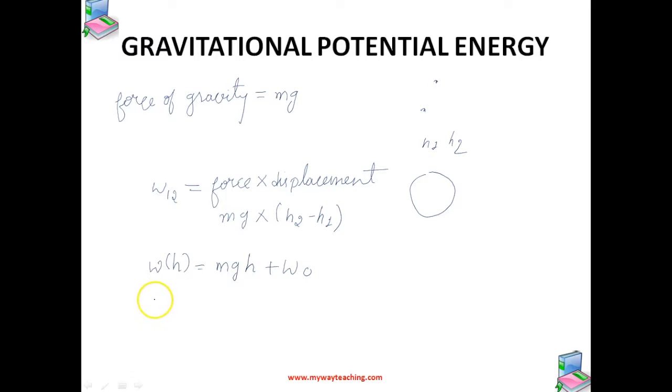So it is very much clear that W12 is equal to W of h2 minus W of h1. So the work done in moving the particle is just the difference of potential energy between its final and initial positions.